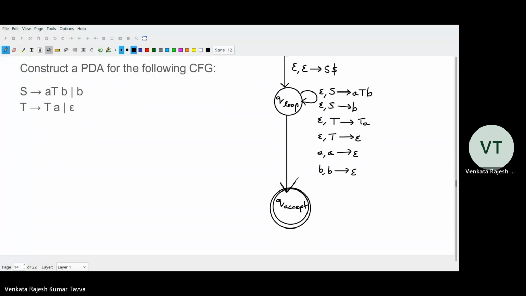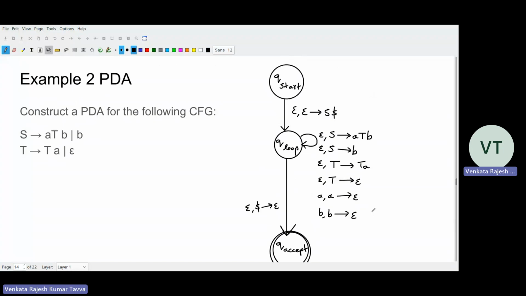And here, what should I write? Epsilon dollar goes to epsilon. Okay, that's it. It's quite easy. Converting CFG to PDA is quite easy. It's very mechanical.